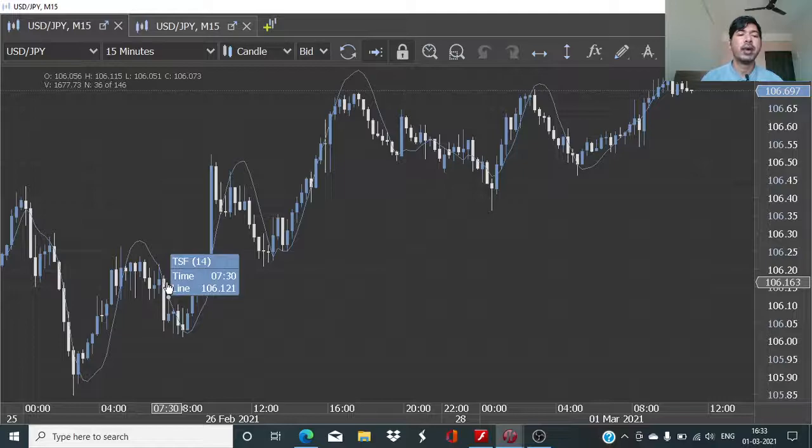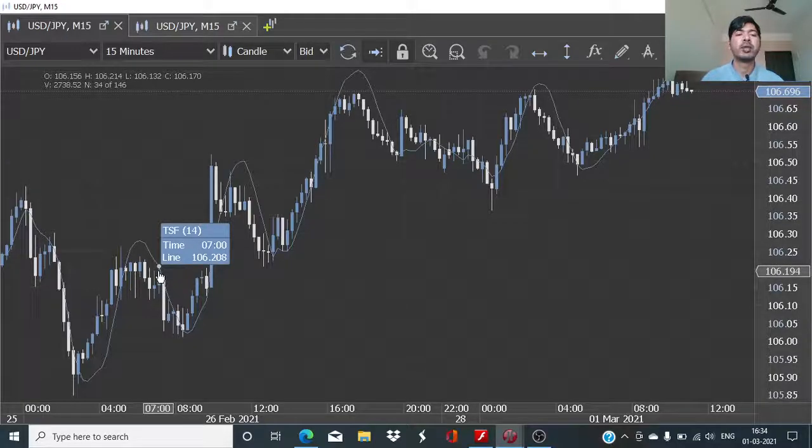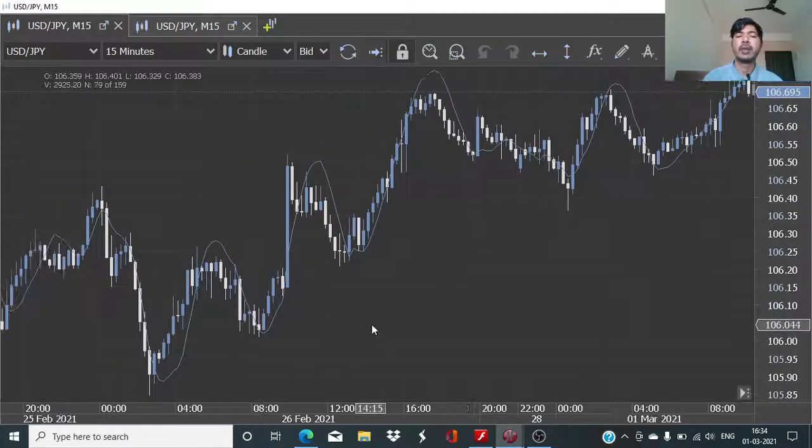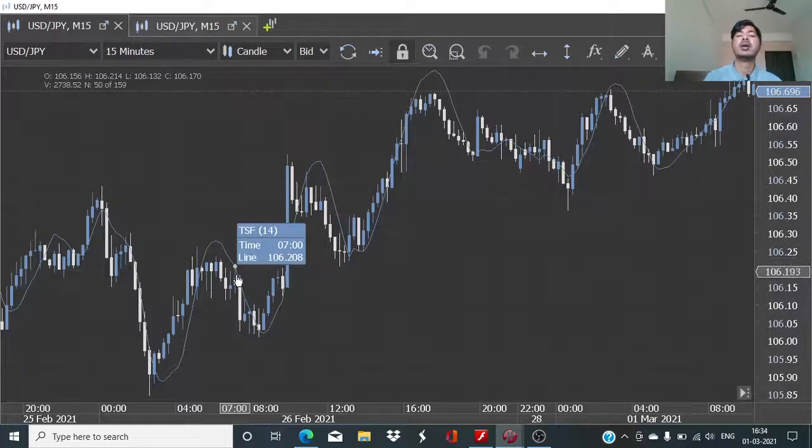And prior to that, the penultimate candle should have closed above this time series forecast with its closing value being above the opening value, and then after that correction the reversal of trend is happening with good enough momentum, as we are working with the trend and we will be trading with the trend.